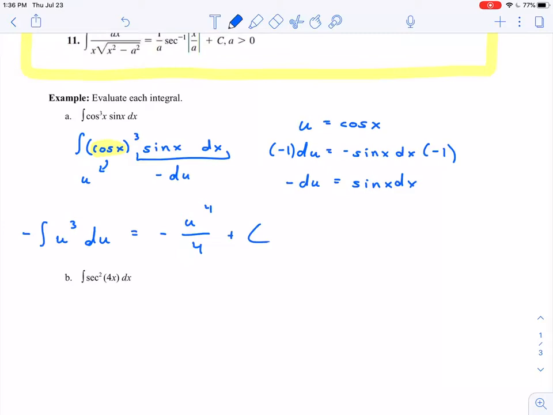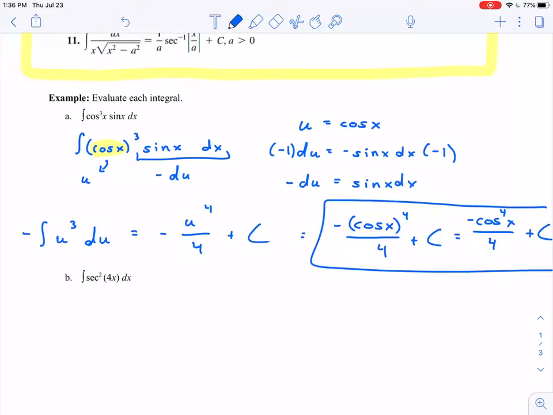But if I started with something in terms of x, I'd like to end with something in terms of x. So here this would be negative cosine x to the fourth power over 4 plus c. Or perhaps more commonly you would see this written as negative cosine to the fourth x over 4 plus c. Either one of these would be perfectly fine.